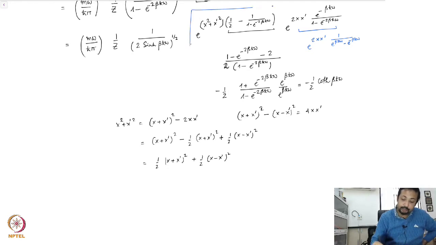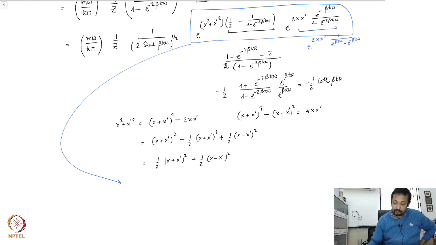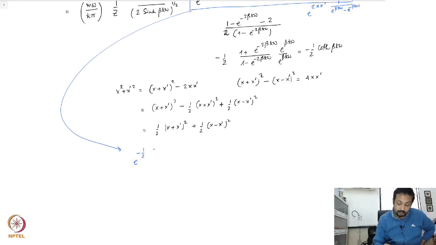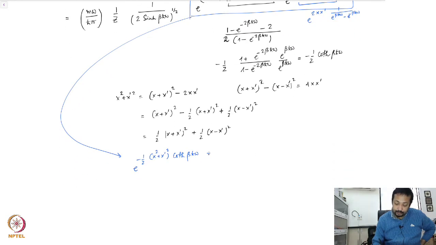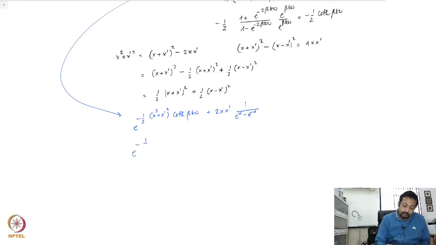So that the exponential part that we have over here, let's write them down this way, is going to be e to the power minus half (x square plus x prime square) coth beta h bar omega, and then I have plus 2x x prime times 1 over (e to the power alpha minus e to the power minus alpha), which we will write down as minus half (x square plus x prime square) coth alpha, where we have identified alpha as beta h bar omega, plus 2, this has to be 4x x prime, 1 over (e to the power alpha minus e to the power minus alpha).